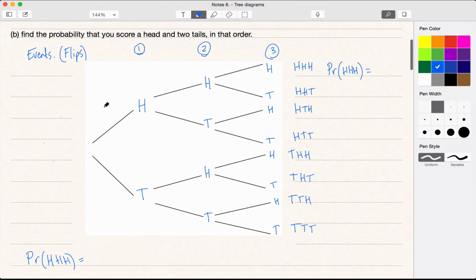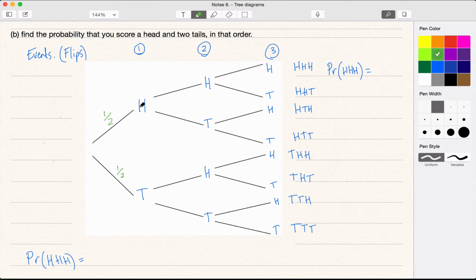So when we're flipping a coin, it isn't overly exciting because you've got a half chance of scoring a head and a half chance of scoring a tail. So these two options are the only two options that can happen, either a head or a tail, and they need to make sure they add up to 1.